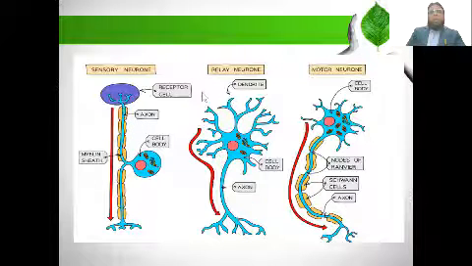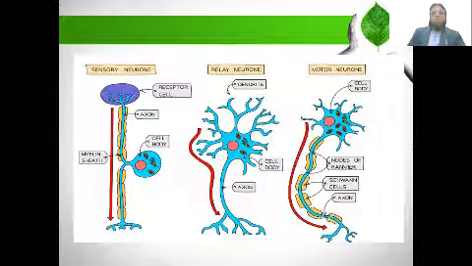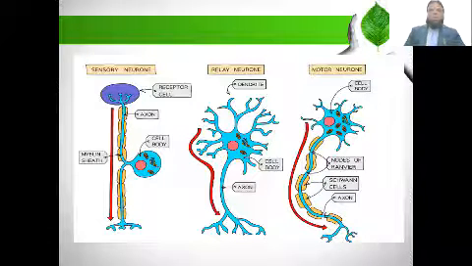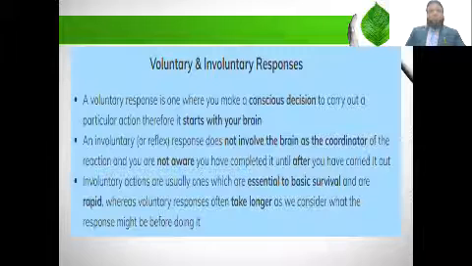Then in the spinal cord, as you can see, the second type of neuron, the relay neuron, analyzes the situation. And then the message goes to the motor neurons, and these motor neurons are connected to the effectors, and effector means glands or the muscles which give the response.